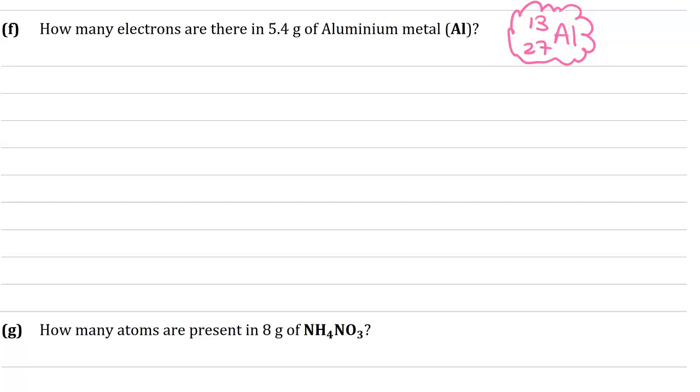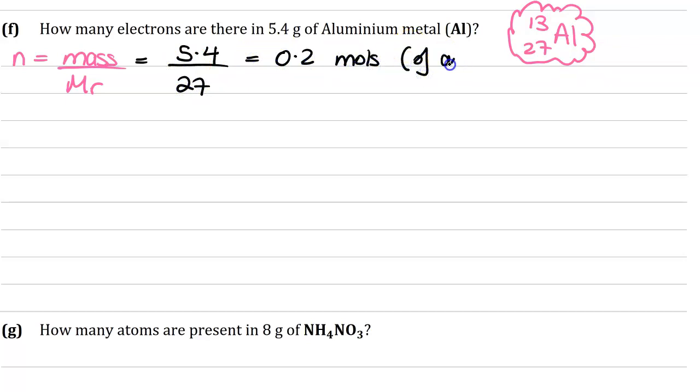Okay, so our formula again, n equals mass over Mr, which is equal to 5.4 over 27, which is 0.2 moles. And that's 0.2 moles of atoms, because that's what aluminium is made up of. Now we're going to convert that to actually how many atoms.